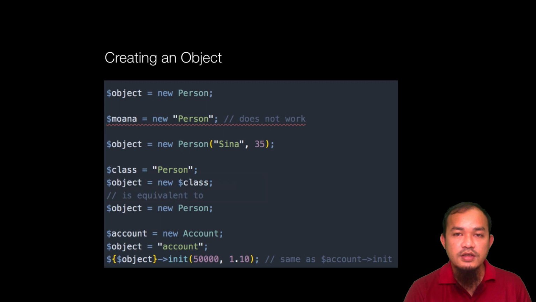If you want to write the code a little more flexibly, you can set $class equal to Person and then create the object with new $class. This is how we can create an object from the class.